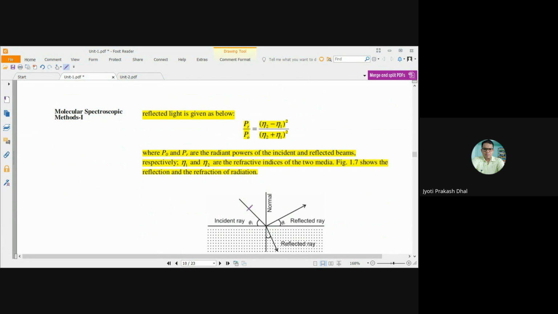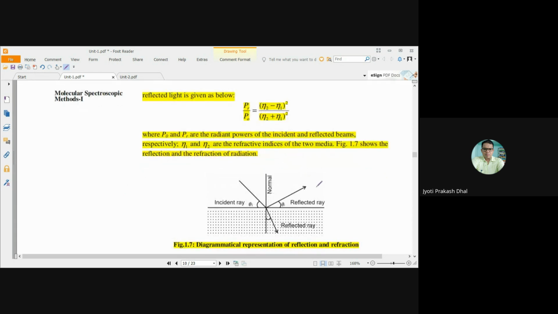So this is the incident ray and this is the reflected ray. According to the equation for the reflected light, P_R by P_0 equals (eta 2 minus eta 1) whole square divided by (eta 2 plus eta 1) whole square, where P_0 and P_R are the radiant powers of the incident and reflected beams. P_0 stands for incident and R for reflected. Eta 1 and eta 2 are the refractive indices of the two media. So this is medium 1 and this is medium 2.